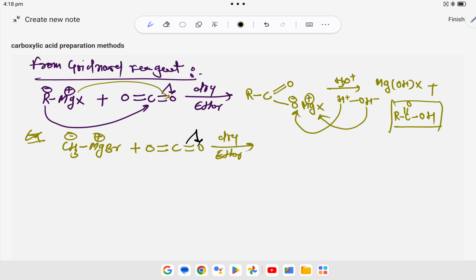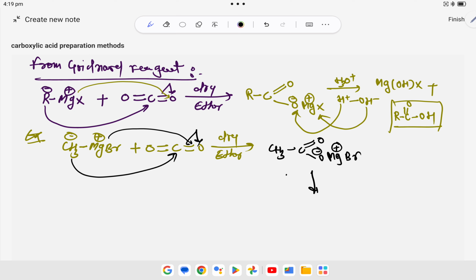These electrons shifted here, so this negative species attaches here and the positive species attaches here to the oxygen. So what you are getting now: CH3 C double bond O minus Mg plus and Br.